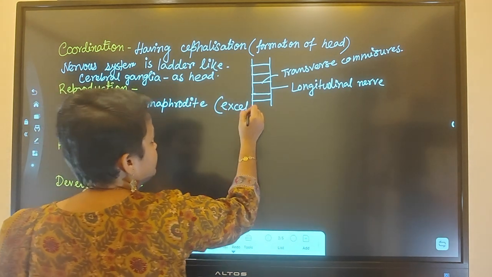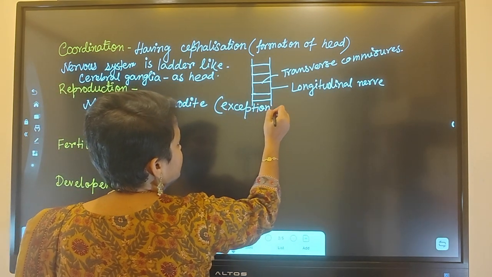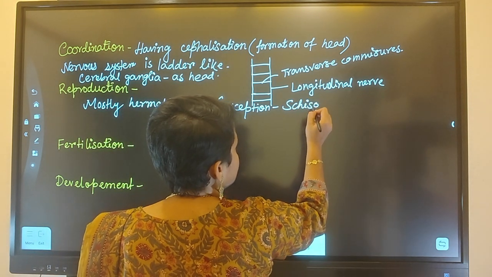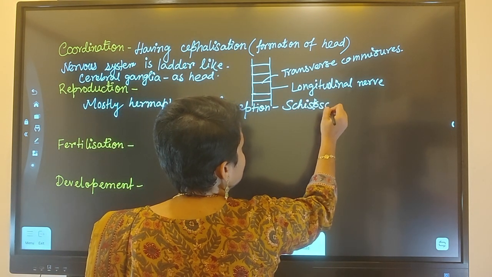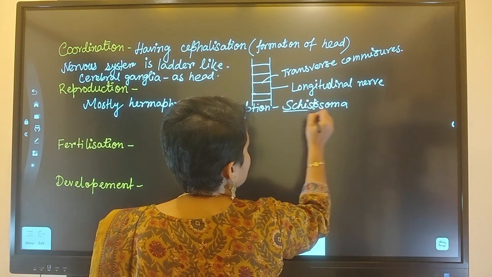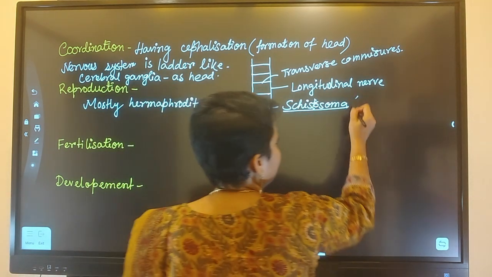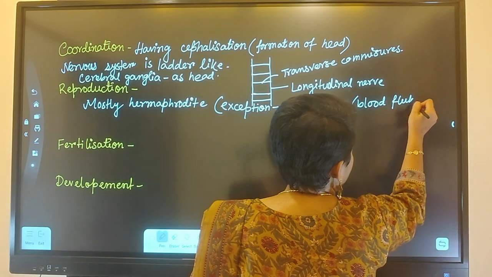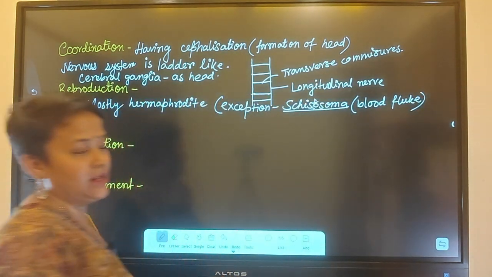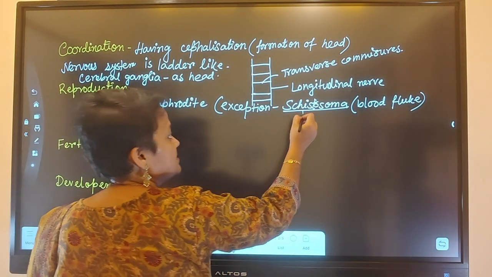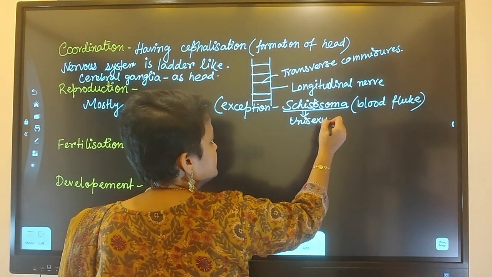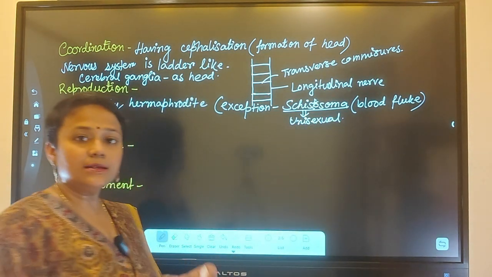The exception is Schistosoma. Schistosoma is also called blood fluke, and they are unisexual, meaning males and females are separate.